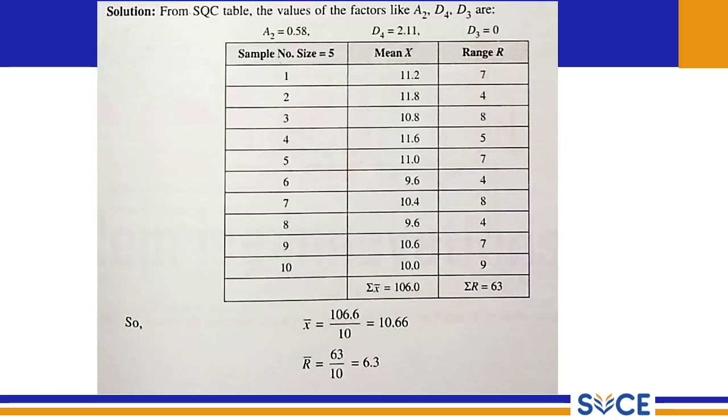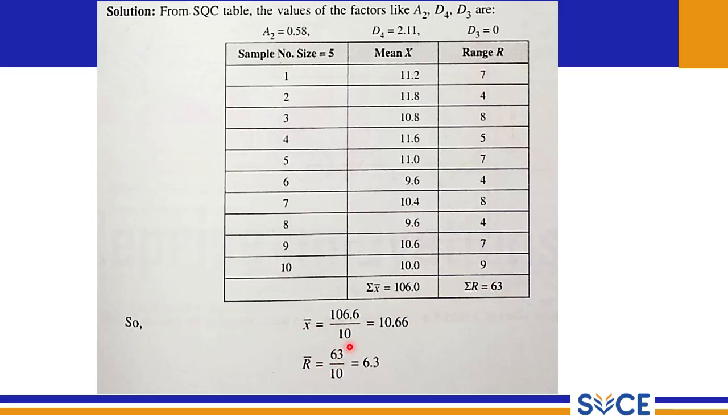Step one: we are going to plot a table, and the X bar and R values are given in the question. We're going to find the summation of X bar, which is the summation of all the values, which is 106, and the summation of R, that is, we add all the samples' range values, so summation of R is 63.